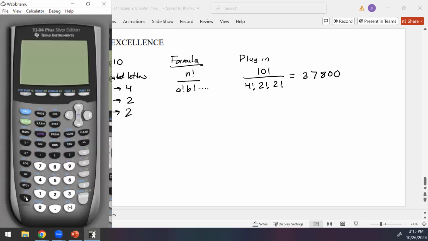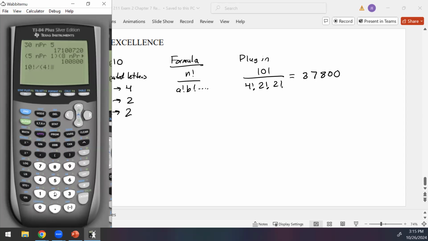Now, if you're wondering how to plug in factorials in your calculator, I can show you that too. So 10 factorial: 10, math, then go to PRB, and it's option number 4, the little exclamation point, divided by, left parentheses, 2 factorial is 2. The smaller ones I would recommend doing in your head, so you don't have to go out of your way to find the factorial.